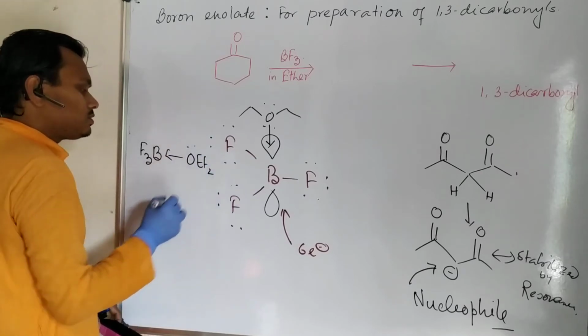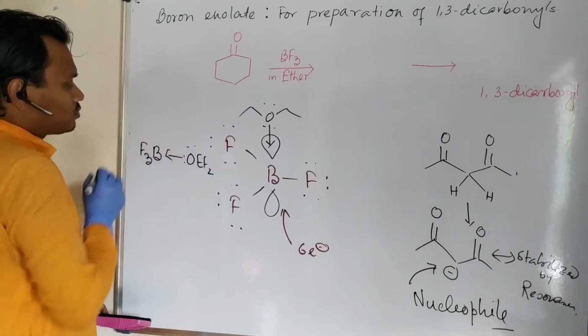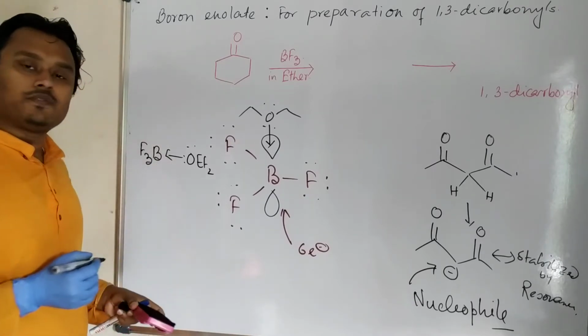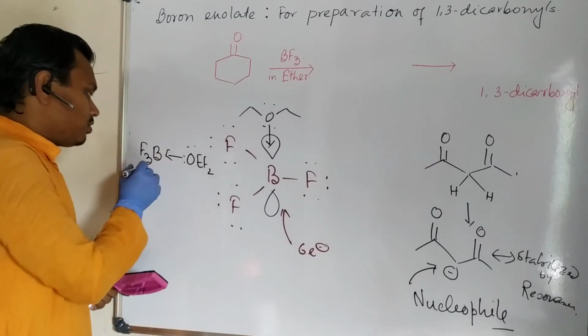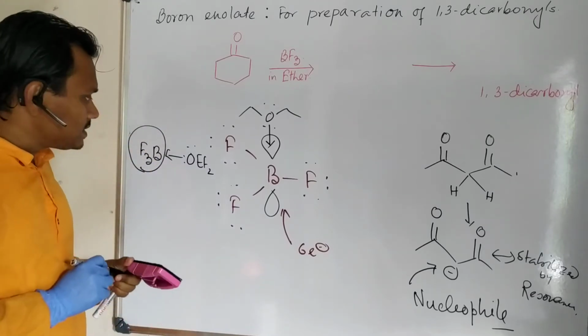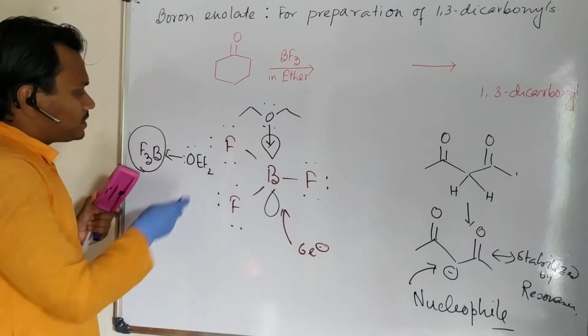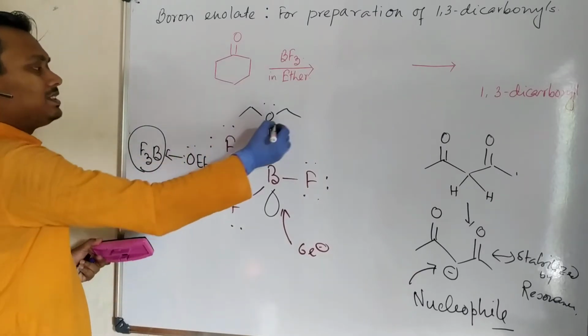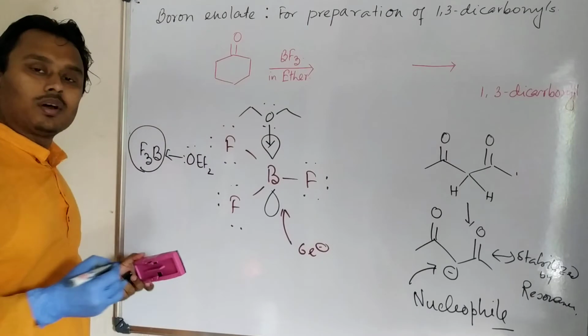So this is donation of electron to the vacant orbital of boron. Now the question: is this donation very strong? No, but in order to stabilize this BF3 molecule, it is adequate enough, and this is sold as a reagent, BF3·OEt2. This is actually an oxygen coordination to boron, that is an ether.